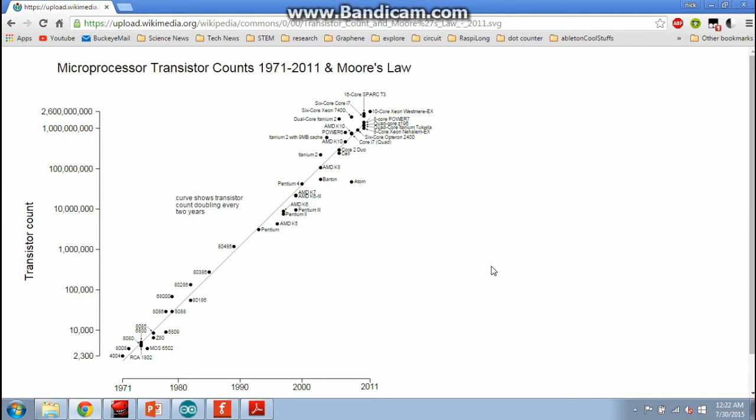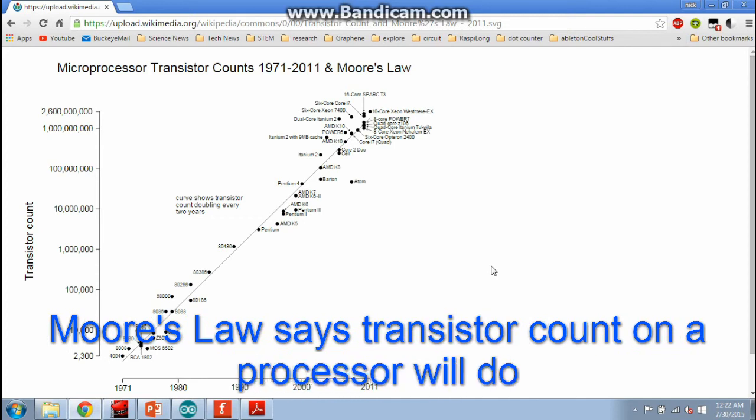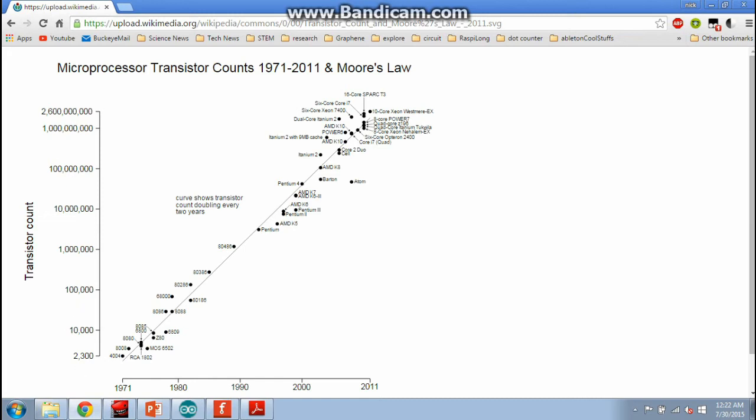So Moore's Law is some guy's hypothesis that the transistor count on a processor was going to double every 2 years. And this graph is showing, on a log plot, that that has indeed been the trend.